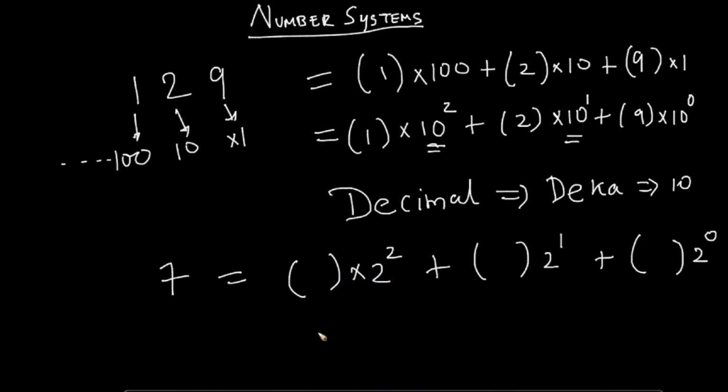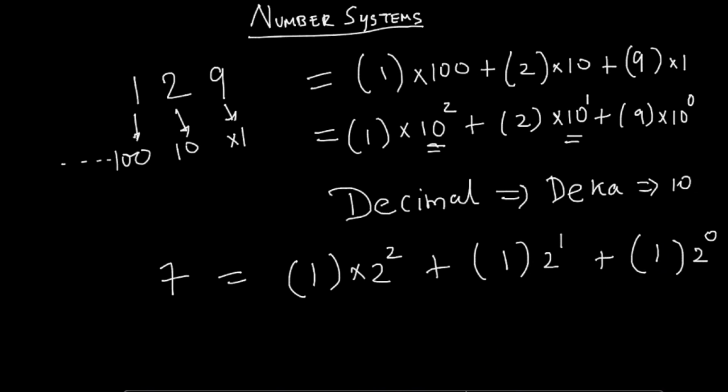So let's try to figure this out. 2 raised to 2 is 4, and to get to this number we need at least 4, plus, I'm looking for another 2 at least. Yes, so I would add a 1 multiplied by 1, and I'm looking for another 1 now, and 2 raised to 0 is 1, so I need that as well.